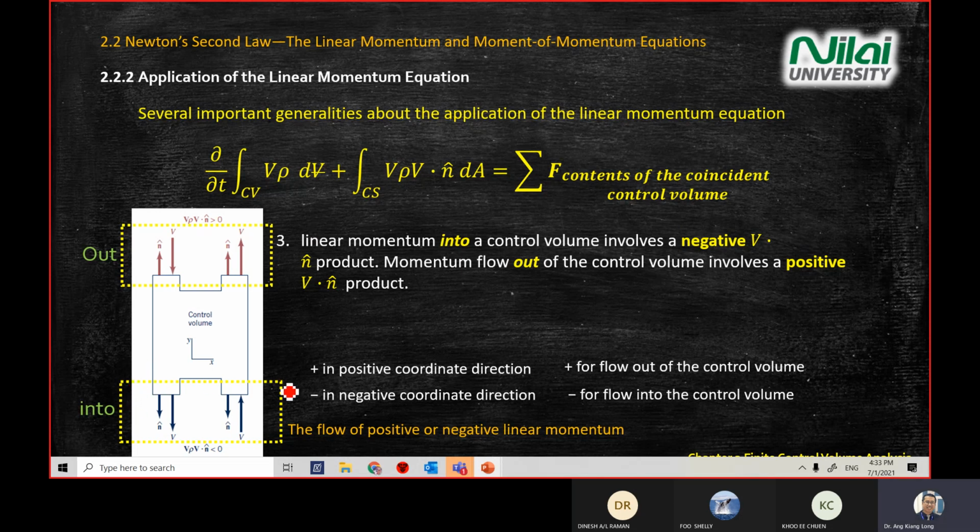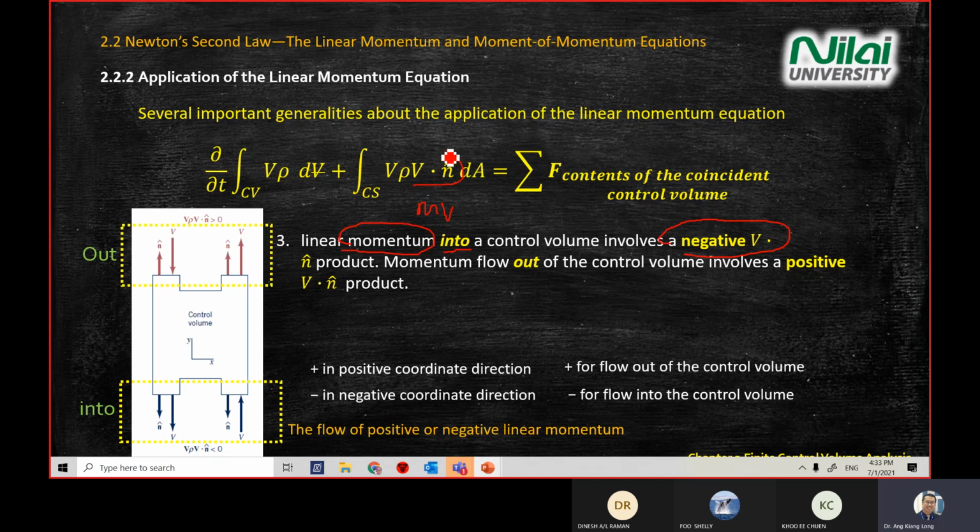When you look at the bottom, this one, if the flow is an inlet, which goes into the control volume, we will define the momentum. We are at the momentum section. For inlet, or into, we will use negative.